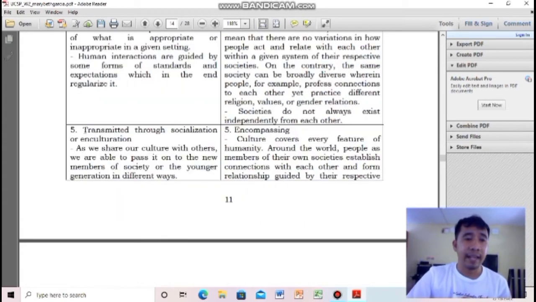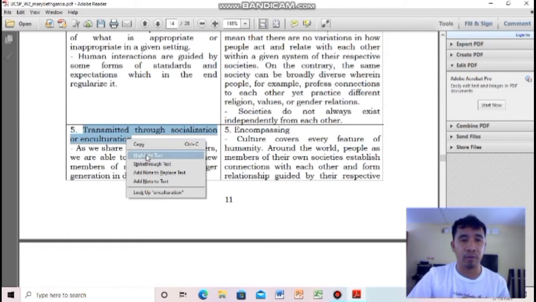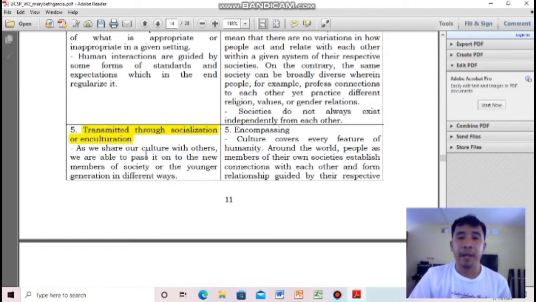Next is transmitted through socialization or enculturation. Yes, it's true. We transmit or pass on our culture to others through socialization, sharing it, teaching it to the younger generations or to other subgroups.